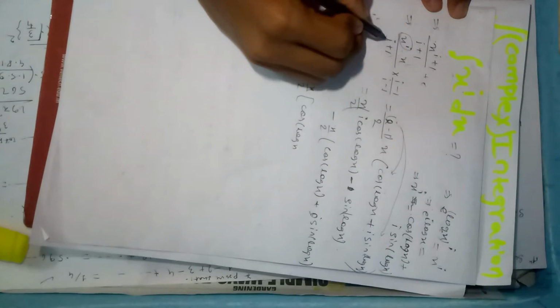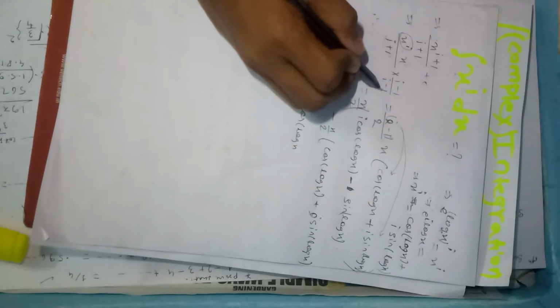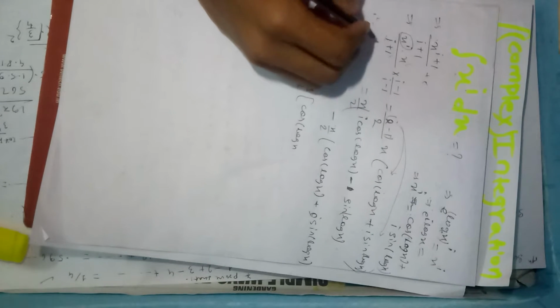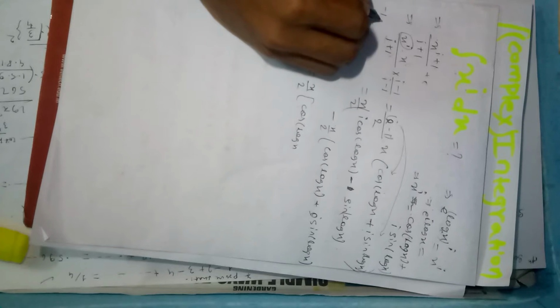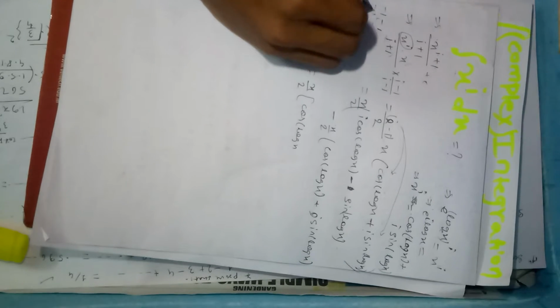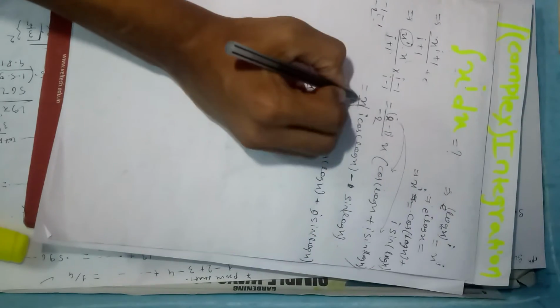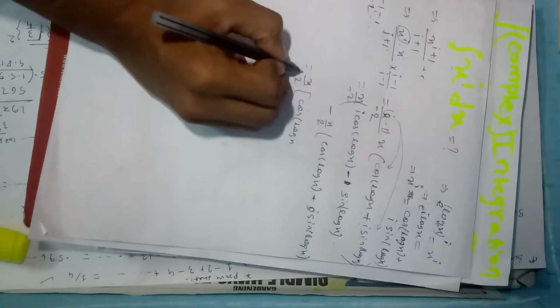Let's check the denominator: (i plus 1) into (i minus 1) is i squared minus 1, and i squared is minus 1, so it is minus 2.